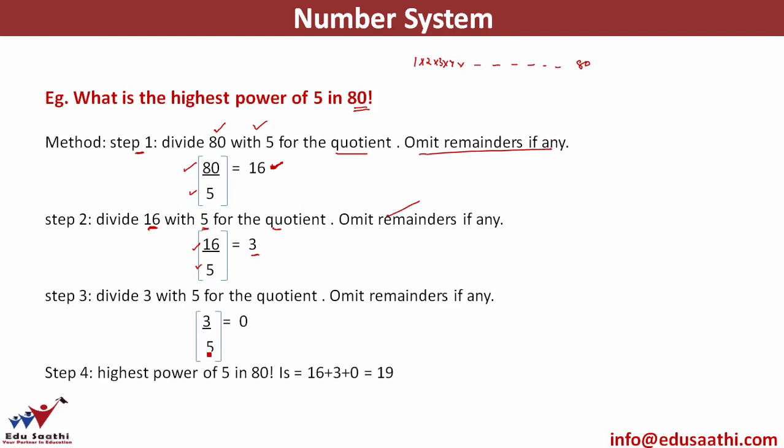Keep on doing so till the time you get 0, and the greatest integer function here represents the quotient, not the remainder. So the quotient would be 0. So the highest power of 5 in 80 factorial will be the sum of all the quotients that you have obtained, 16 plus 3 plus 0, which gives you an answer of 19. These are the steps that you follow in order to find out the highest power of a given number in a factorial.